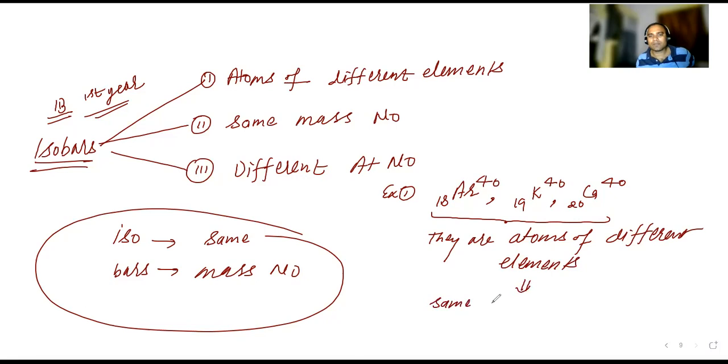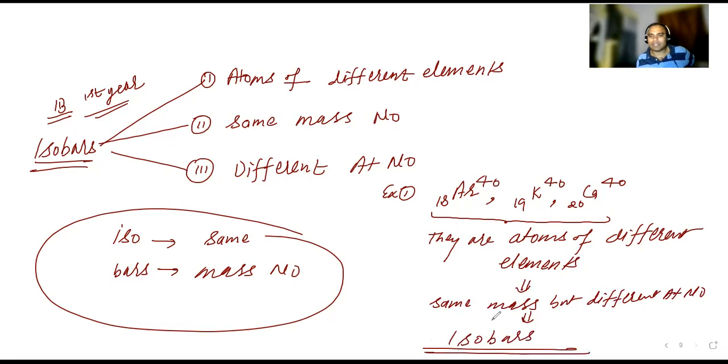Same mass, but different atomic number. Yes or no? Yes. So that is what they are called. They are called isobars. Can you understand this? Yes. Okay, good.